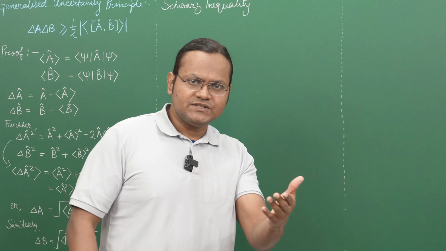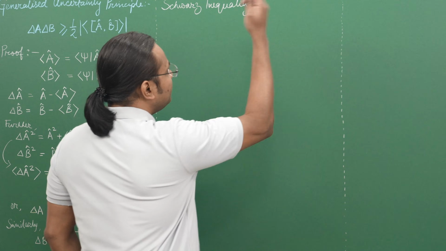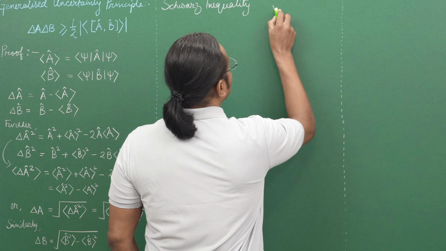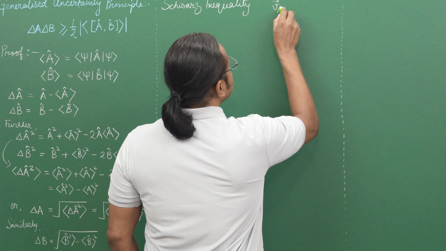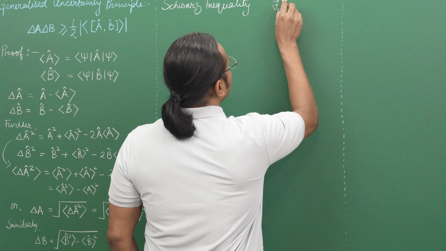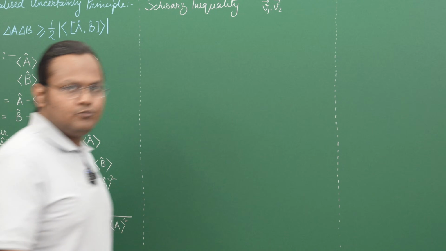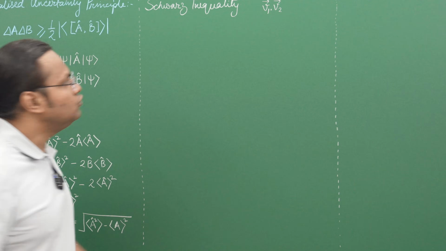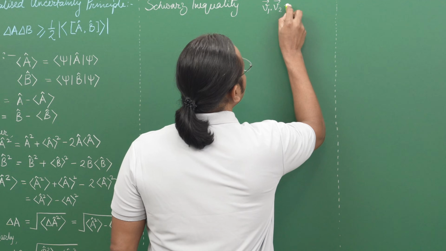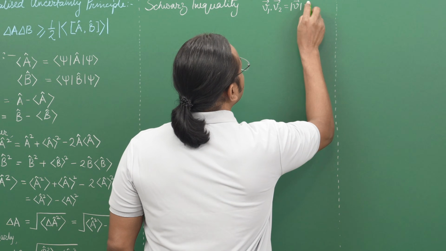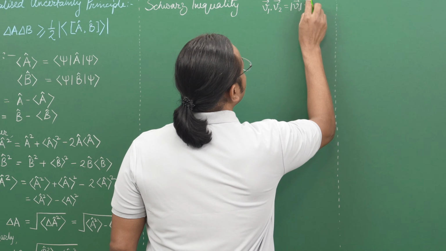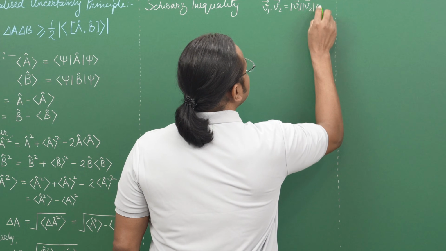So in vectors, do you remember, if I take a vector, let's suppose v1, and I take another vector, let's suppose v2, then what is the dot product or the inner product of v1 and v2? It is simply equal to the magnitude of v1, the magnitude of v2, cos theta, right?